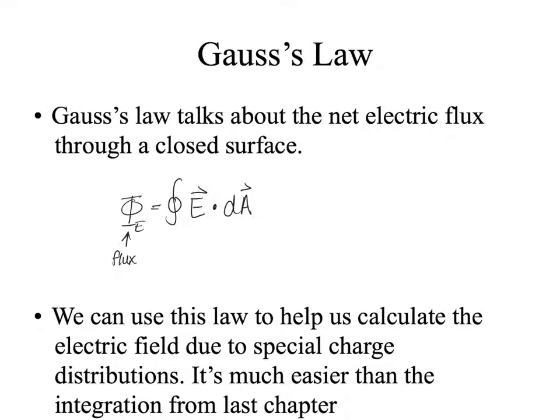We can calculate it with a simple dot product of electric field and area if the electric field is constant. But the more general way is to do the integration, which will allow for the possibility that the electric field may be changing in magnitude or changing its orientation relative to the area. This symbol right here means that we're doing the integral around a closed surface.